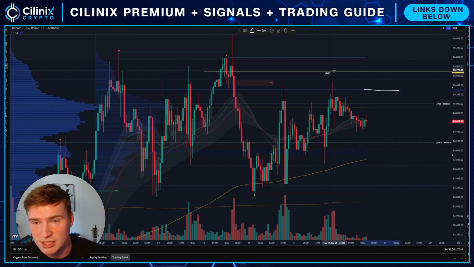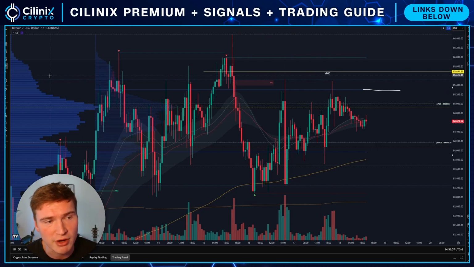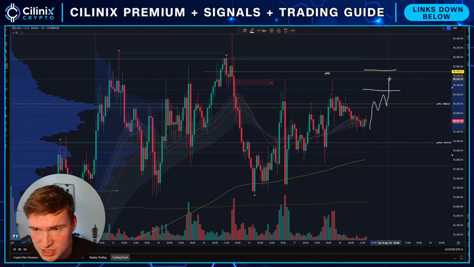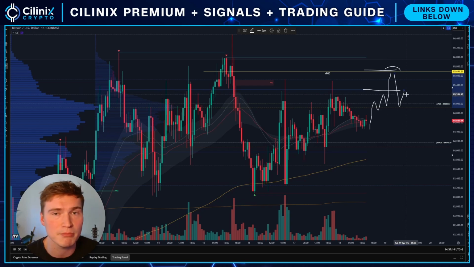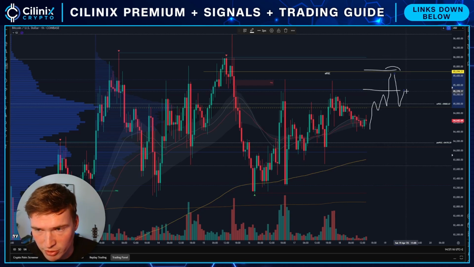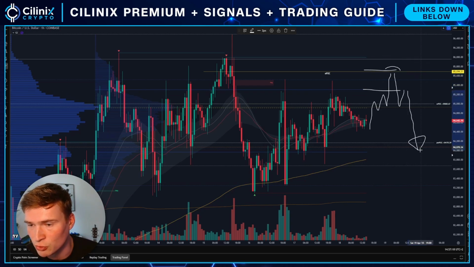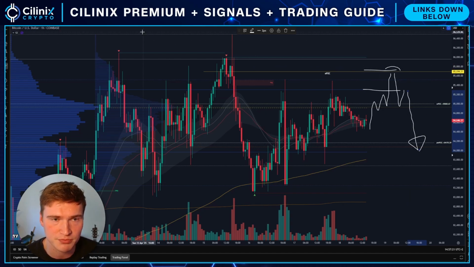What we know is that there's a naked point of control and also a high liquidity zone at the level at 85,700. So if we break out, the first thing we'll look at is the volume. If the volume is not high and we know that there's liquidity to the upside, it's very likely that this is a fakeout. And you can take a short once we actually reclaim back under that key level we're looking at for a breakout. Take a short and ride it all the way down to the bottom of the range.